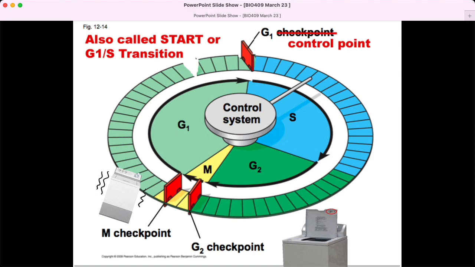Yeah. So sometimes, I think the person is probably using that word commitment in a larger setting where the cell is going to do some events that include the cell cycle. Like we learned about muscle differentiation.